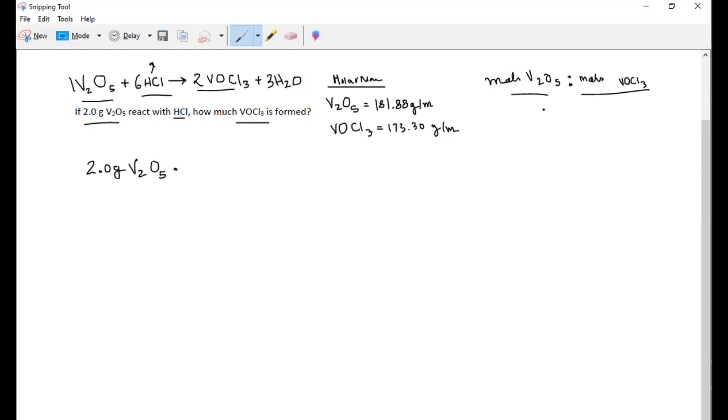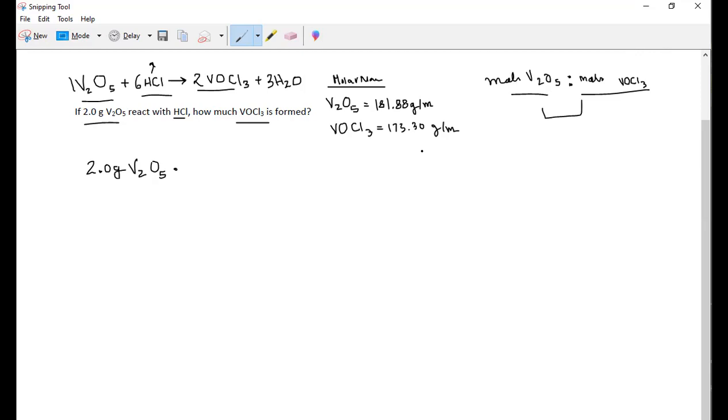So in order to get to this stage, we want to first convert V2O5 to moles, and we need molar mass to do that, because molar mass is the only conversion which can take us to moles of a compound. It sets up a proportion by itself.